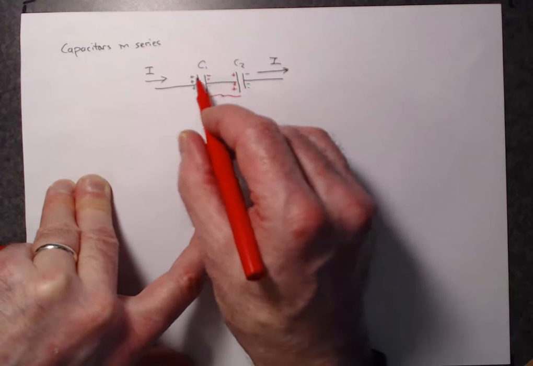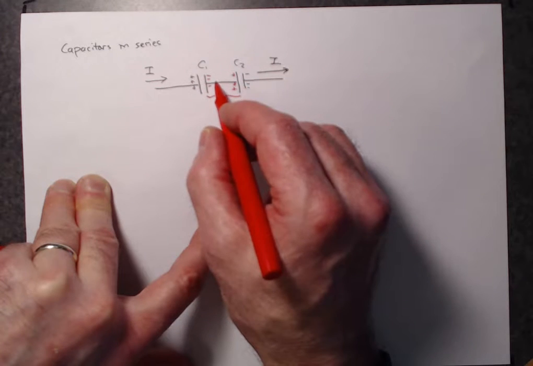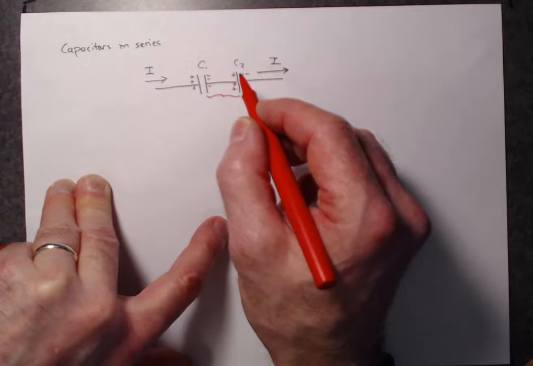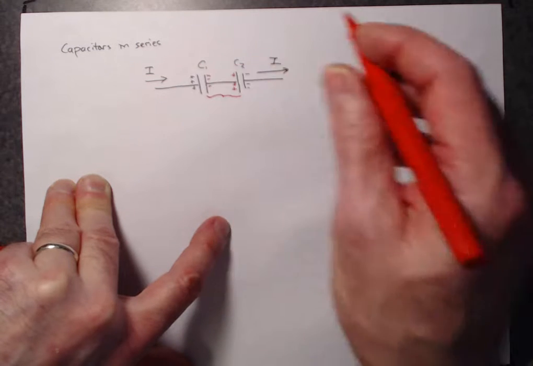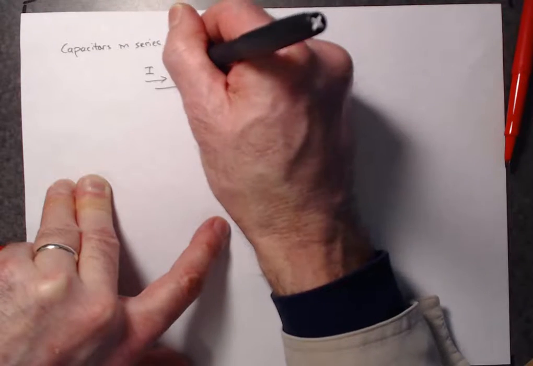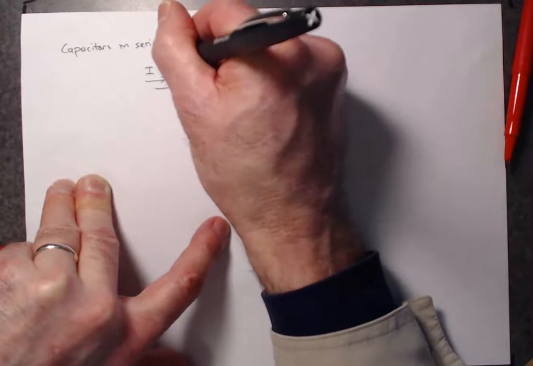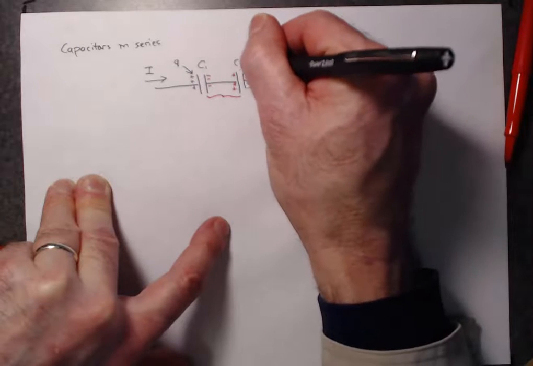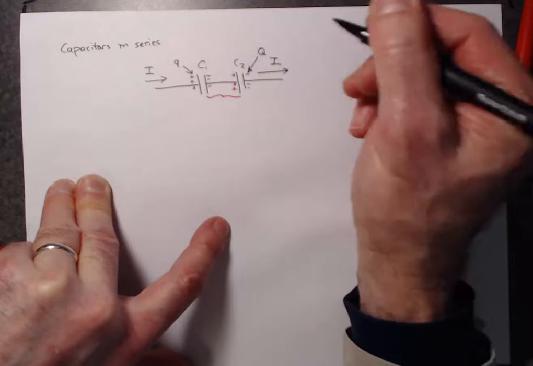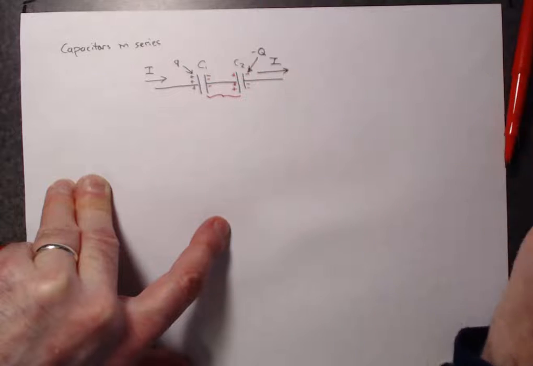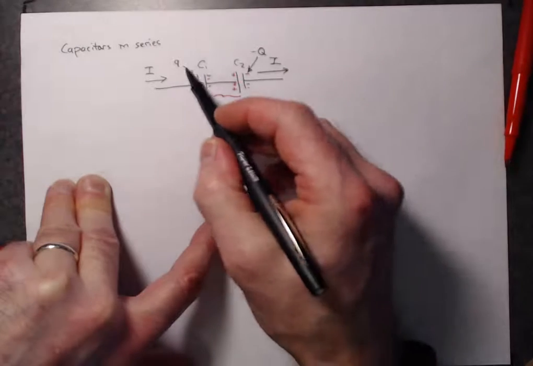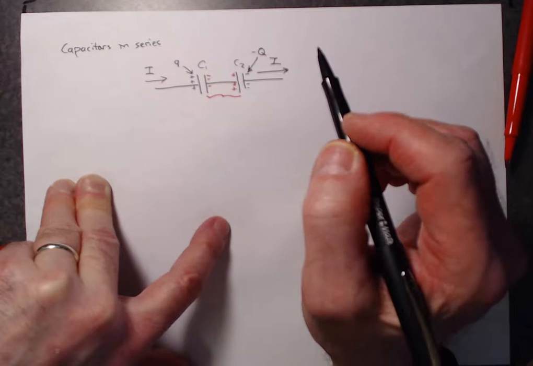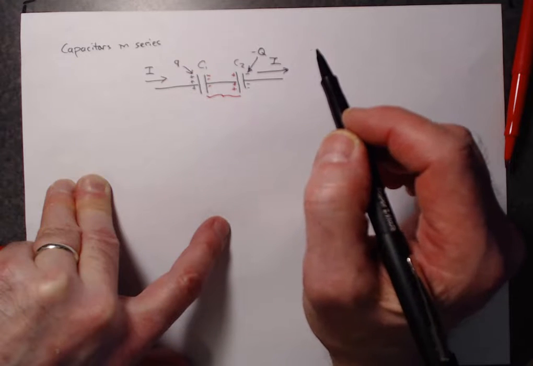If it's not equal in magnitude, that would be a higher potential energy situation. Let's say that the charge on the left here is little q, and the charge on the right is negative big Q. And I want to know, how does little q, the charge on this left capacitor, relate to the charge on the right capacitor?